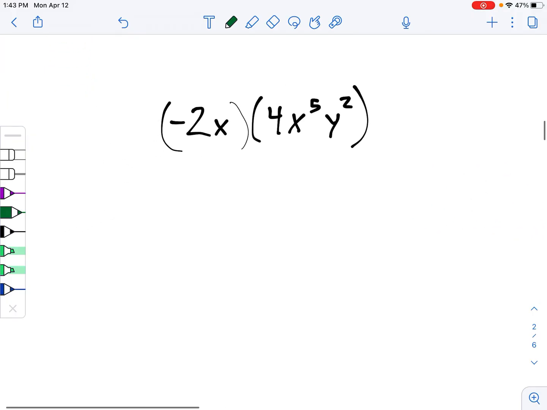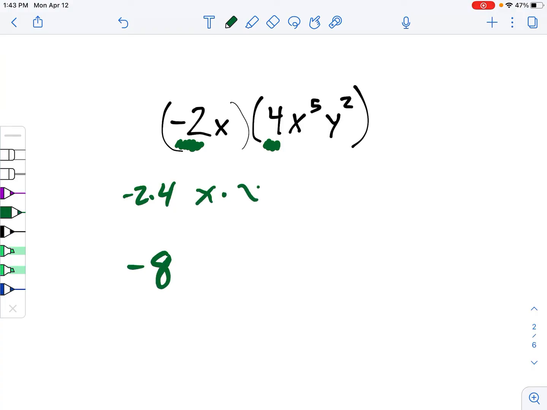This is different because I have a negative 2x, and there's really no exponent on that x. Let's just start with my coefficients. I'll get them out of the way. So negative 2 times 4, so I get a negative 8. Now, then I have an x times an x to the 5th times a y squared. I'm just going to focus in on my x's.